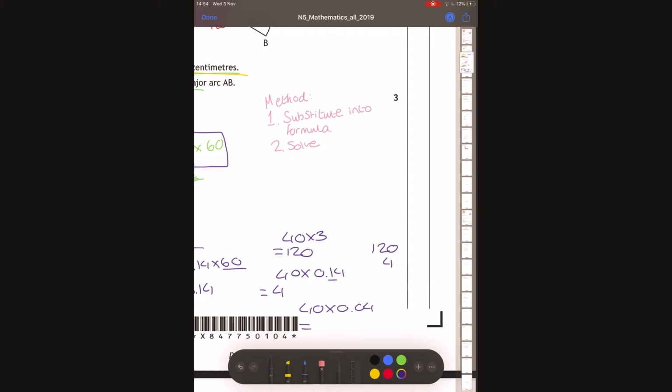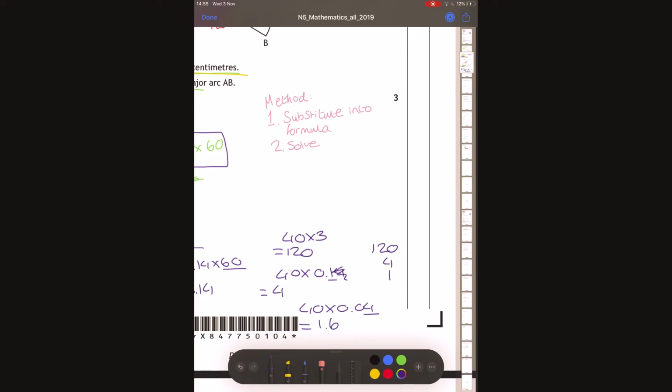Actually, let's score that out because that's technically incorrect. 40 times 0.1 is 4. Then it's just like you divide that by 10 again. So if we divide 4 by 10, then we get 0.4. So this is 4 times 0.4. So 4 times 0.4 is equal to 1.6.